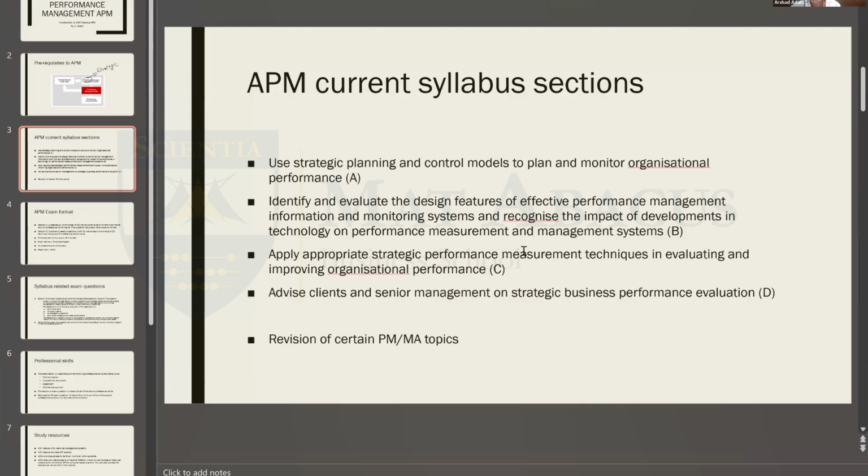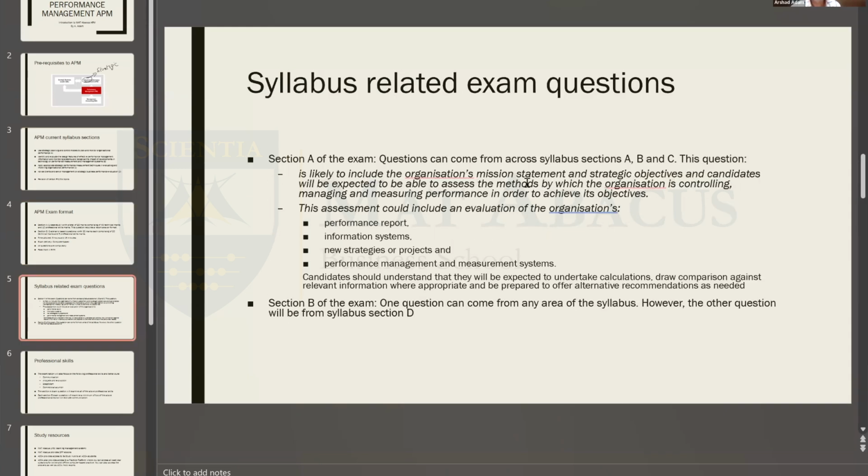These 3 can be combined to form one question, or 2 of these, or a little bit of all 3. It is likely to include the organization's mission statement, which you've studied in SBL, and strategic objectives, and candidates will be expected to be able to assess.